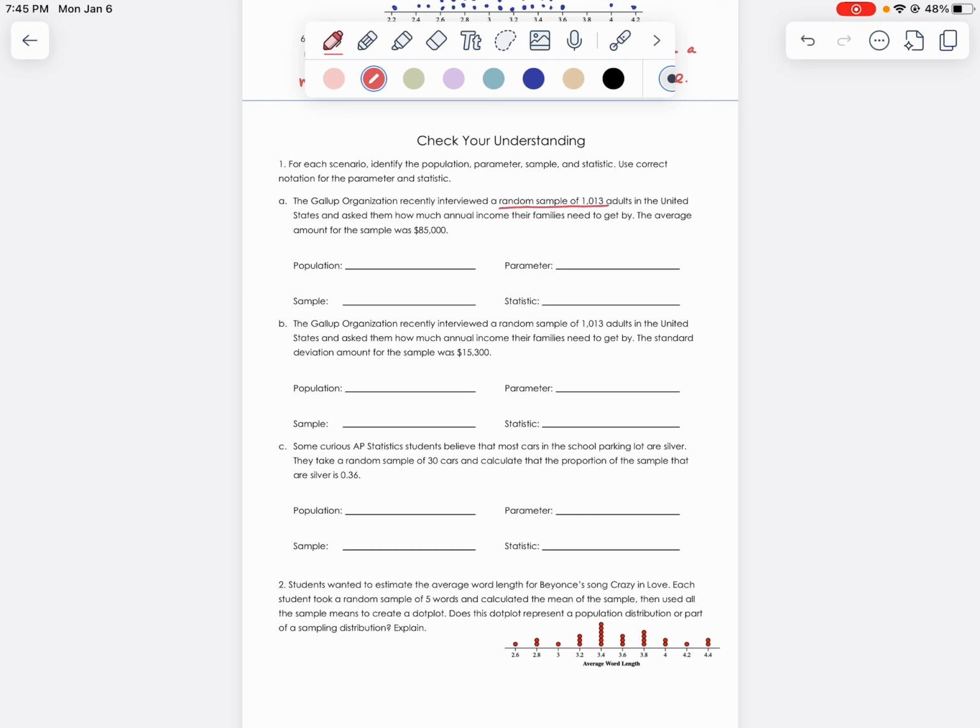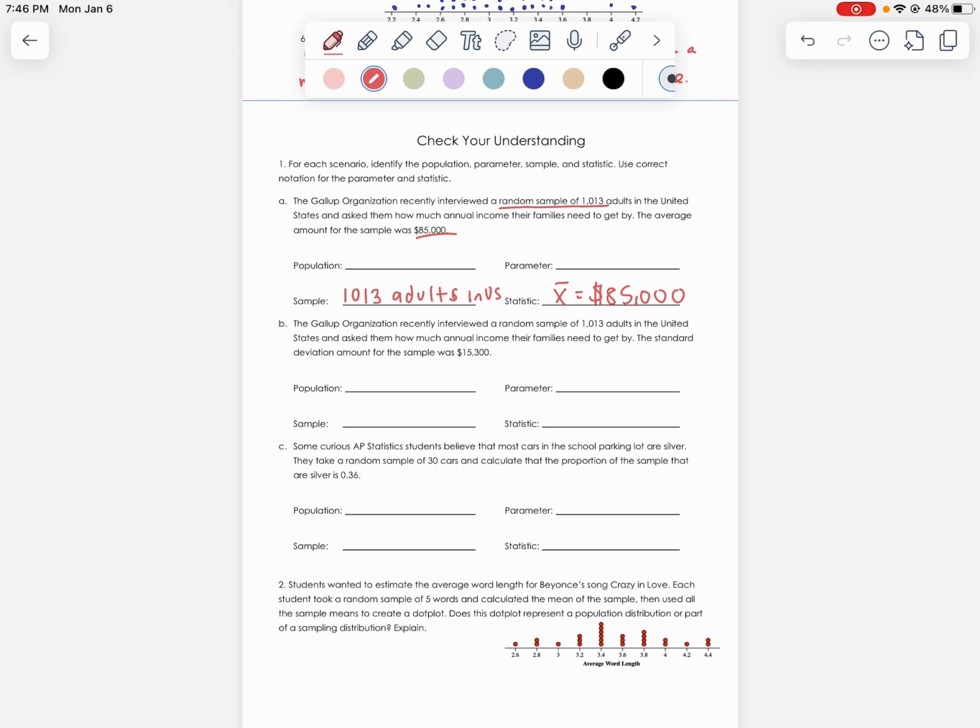That is the sample, the 1,013 adults in the U.S. And then the statistic, again, this is about the sample, and it told us from that sample that the average was 85,000. So the correct notation or symbol for this is x bar, and it's $85,000.